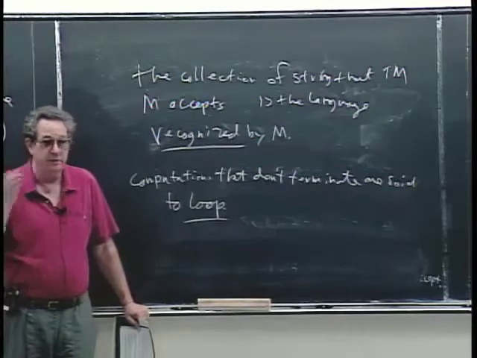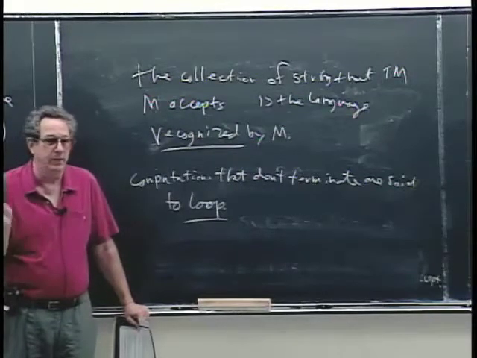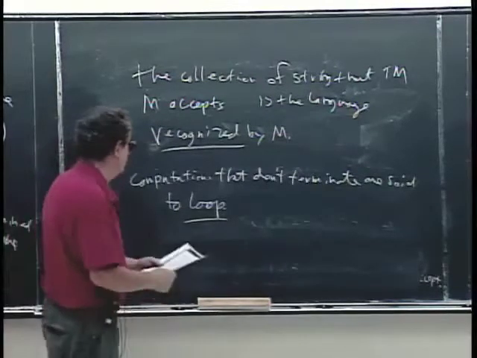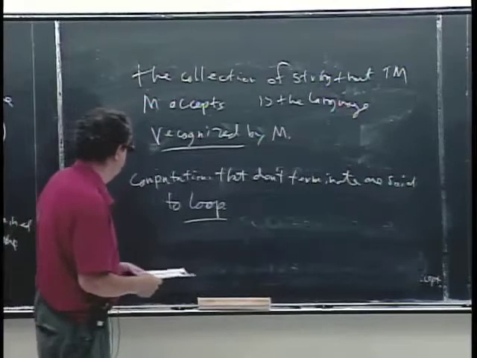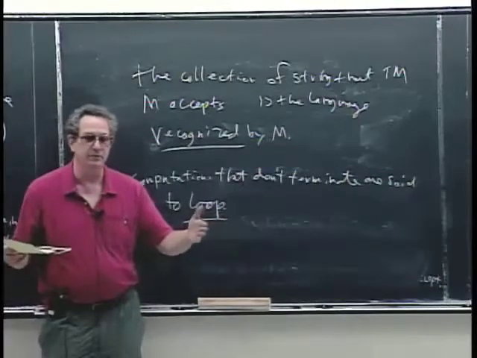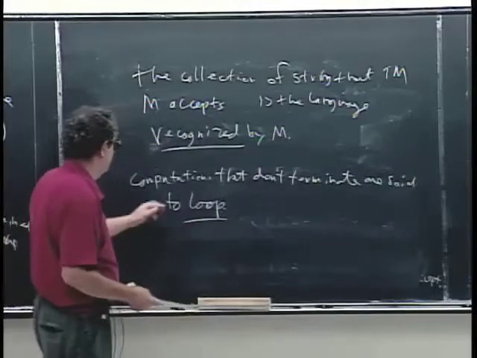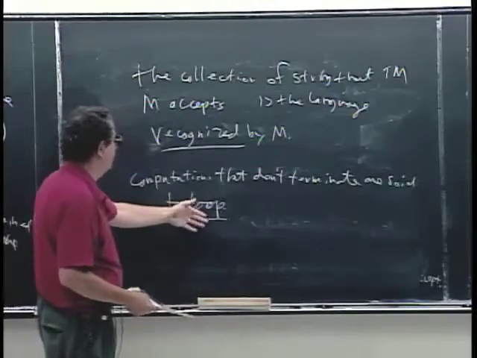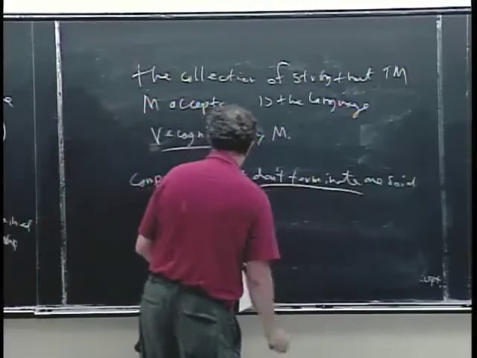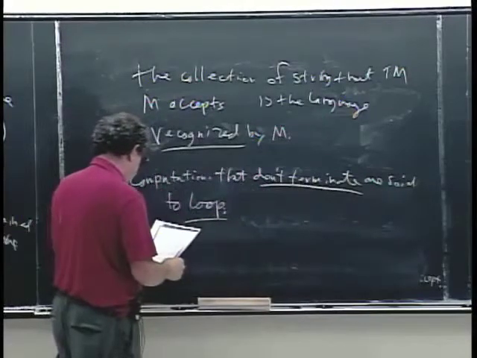Otherwise, on any finite state machine, the amount of computation you could do is just bounded by the number of states you have, so you could never recognize an infinite language, but we know that we do. At any rate, they say it loops, but I would say it's a computation that doesn't terminate. That's my rant.